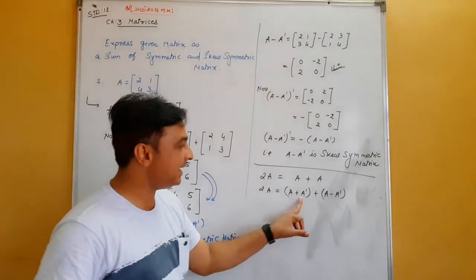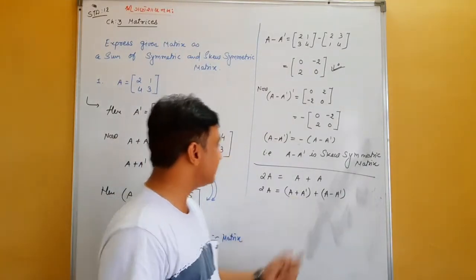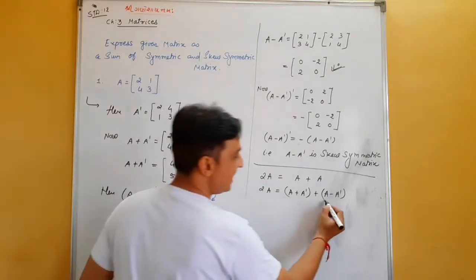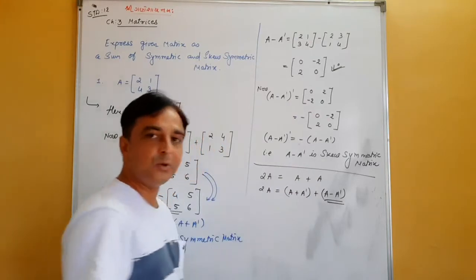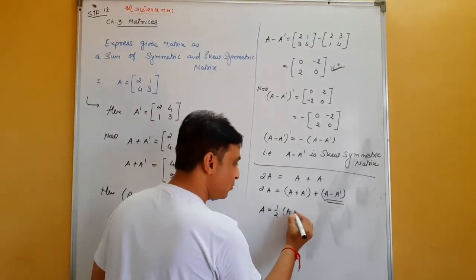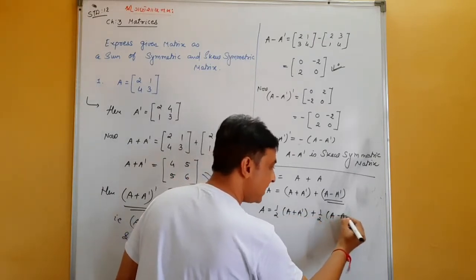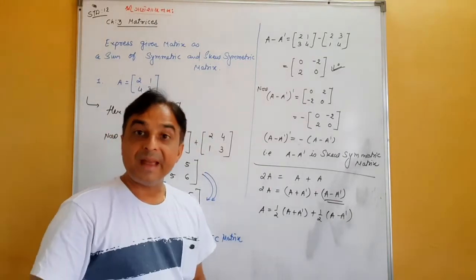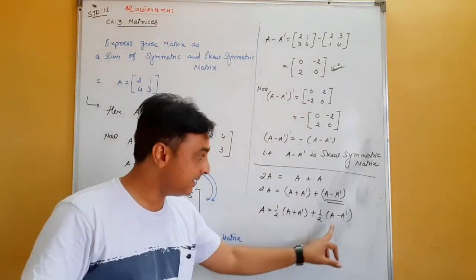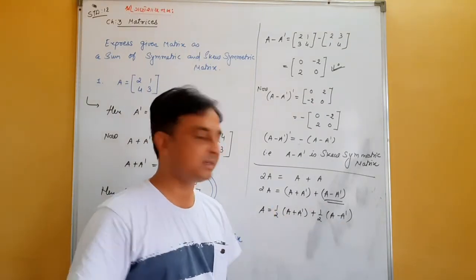We are adding A' and subtracting A'. Now, A plus A' is our symmetric matrix and A minus A' is a skew symmetric matrix.